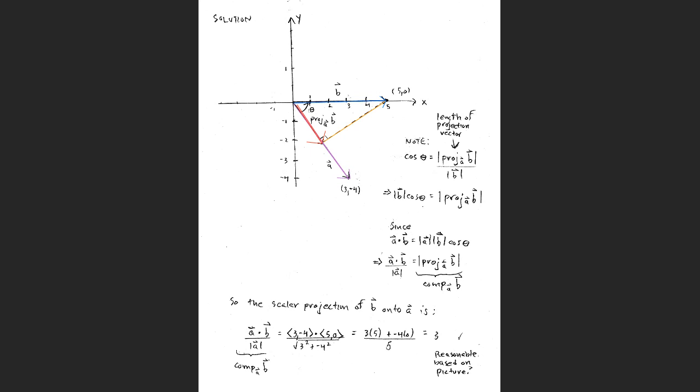And the book actually has some nice diagrams as well in section 9.3. If you look at figures 5 and 6, they have nice pictures also. But I think this hopefully gets the idea across of what a projection is.